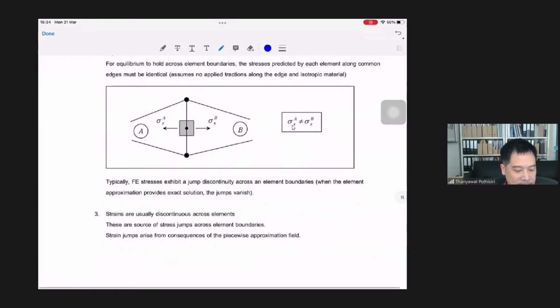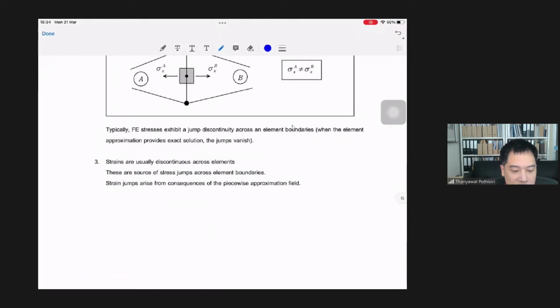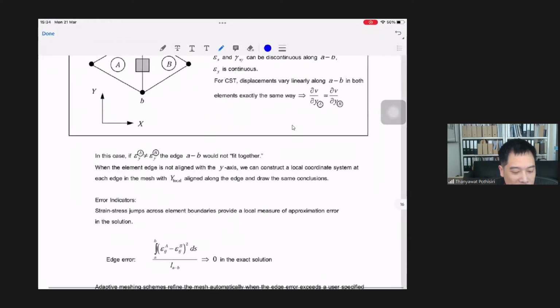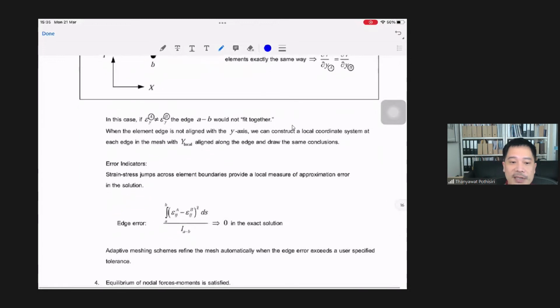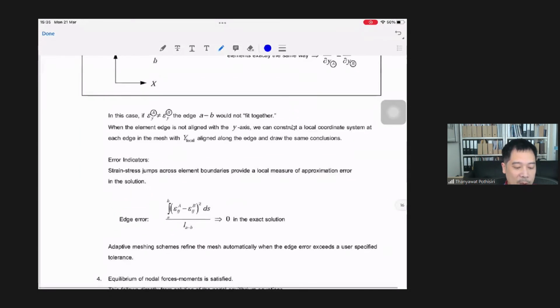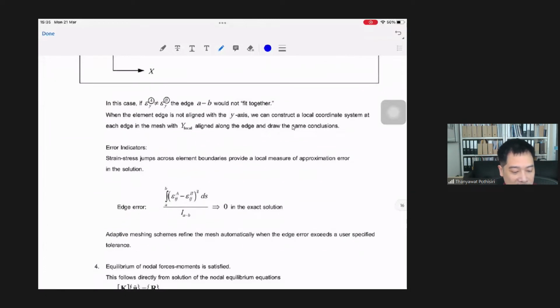So you can use these stress and strain jumps to monitor your error, and if you write that in terms of equations, you can do something like this.